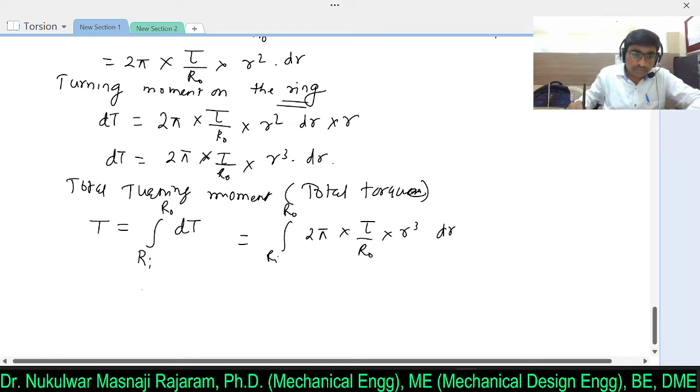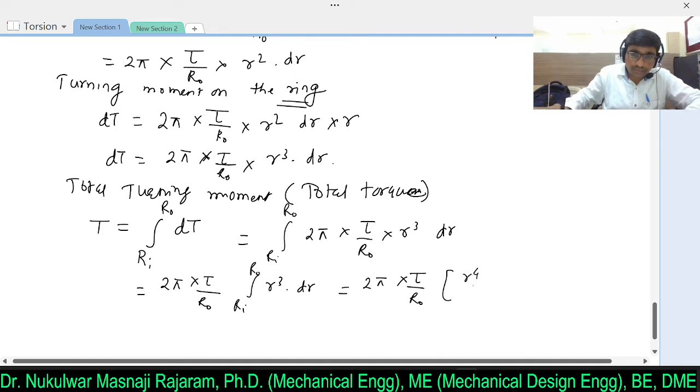Clear? So here I will get 2 pi into tau divided by Ro into r cube into dr. So if I simplify it, this 2 pi is constant, tau divided by Ro is also constant. Then integration from Ri to Ro of r cube dr. So here I will get tau divided by Ro into, in bracket, r raised to 4 divided by 4. So what is the limiting value? That is Ri to Ro.